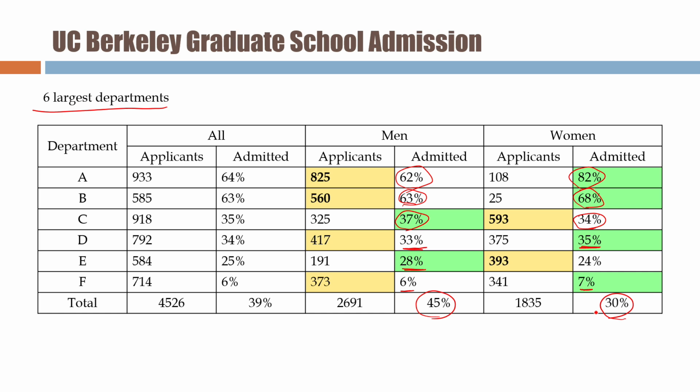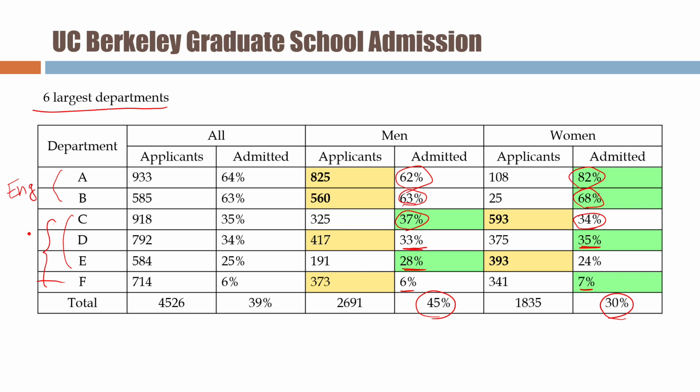Why do these things happen? A and B, I guess, are more like engineering departments. I don't know what C, D, E, and F are. Usually these departments are English or literature or social science departments. The reason the engineering department accepts way more applicants is that engineering departments can get a lot of funding from companies.